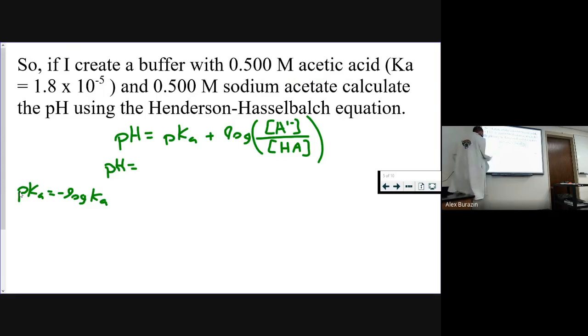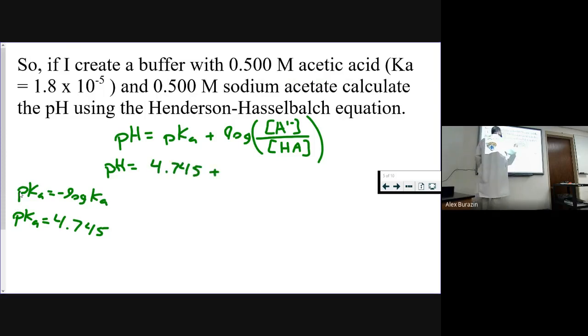What does the pKa equal? I think that's what we had yesterday, right? 4.745. Okay, so pH equals 4.745.